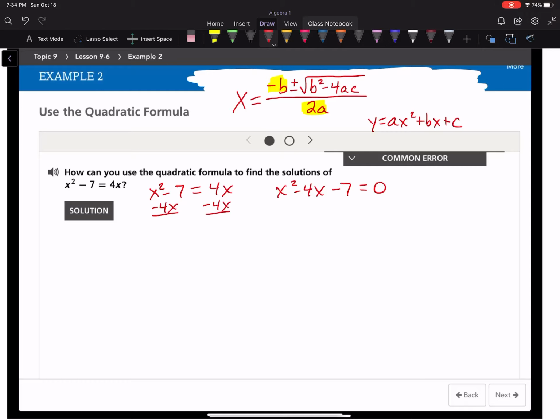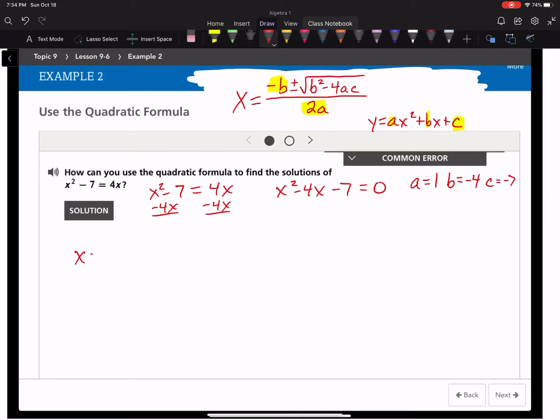So for our problem, we just need to know what a, b, and c are. In our problem, a equals 1, b equals negative 4, and c equals negative 7. And after you figure that out, it is simply plugging in and simplifying.